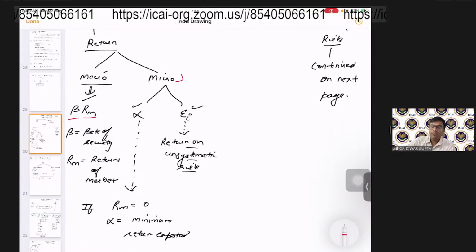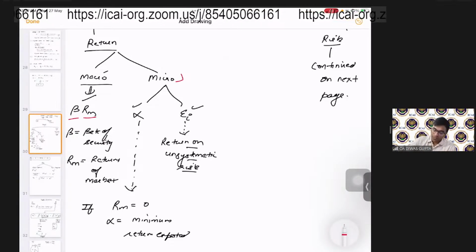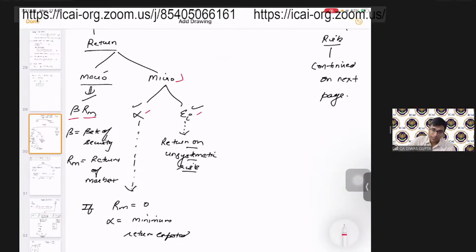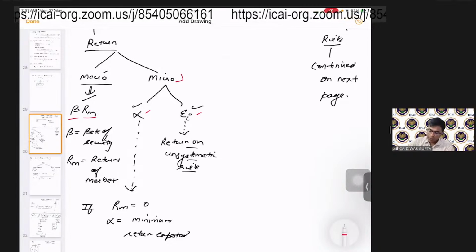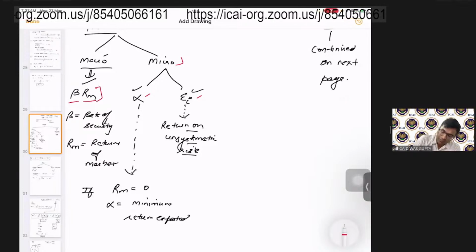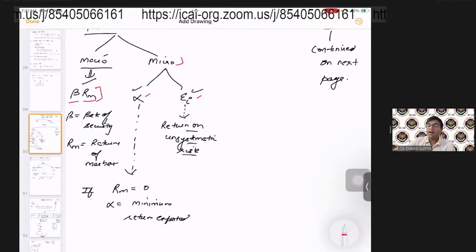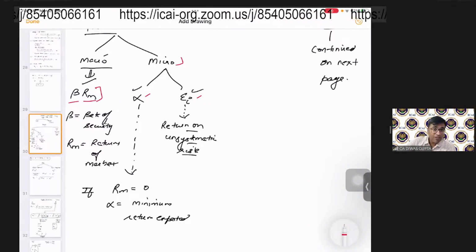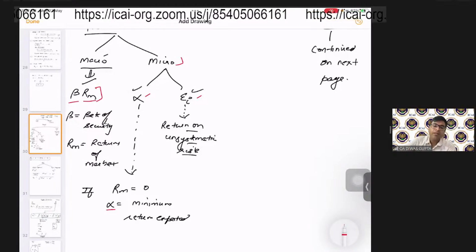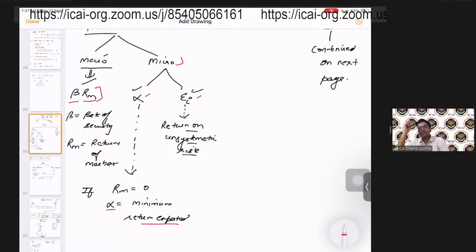Then on the micro bit, micro has two more components: one is alpha, and the second is the return on the residual risk, or let's say unsystematic risk. Now, what happens, students? An investor will definitely ask for this much return, saying this market-linked return is this much. Now, you also tell me, if tomorrow the market return goes down, I should still get some return, right? So this is that alpha, which is the minimum return expected. Even if the market return is zero, I would still want this alpha.